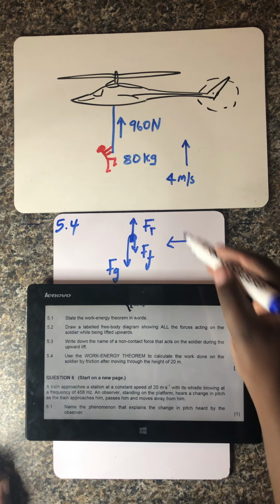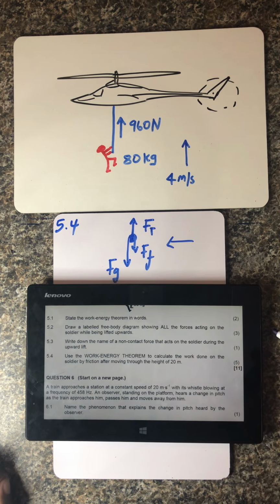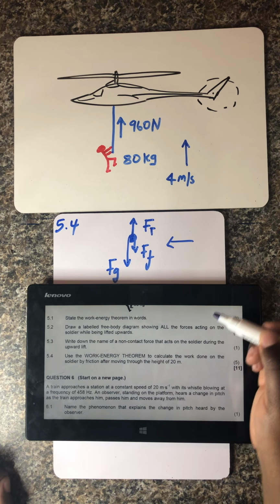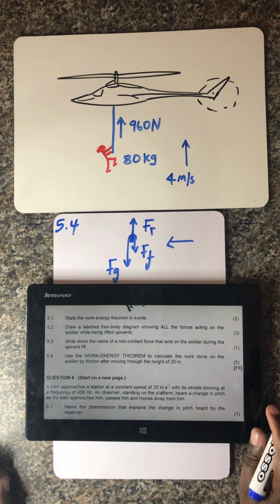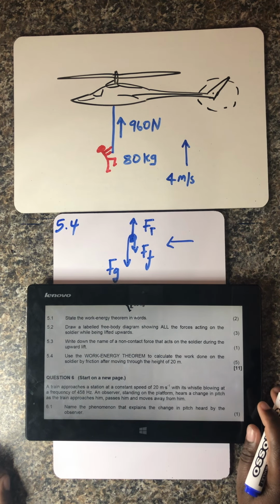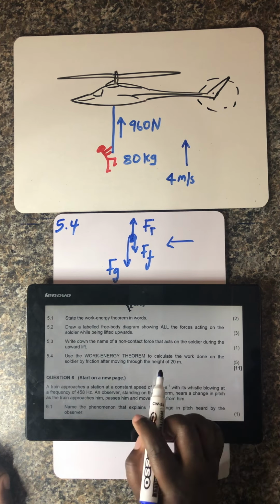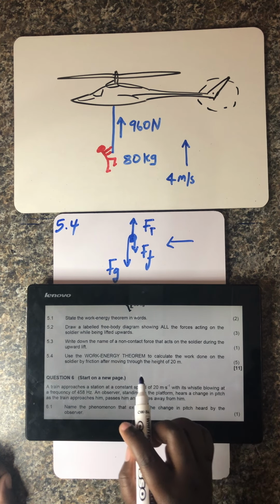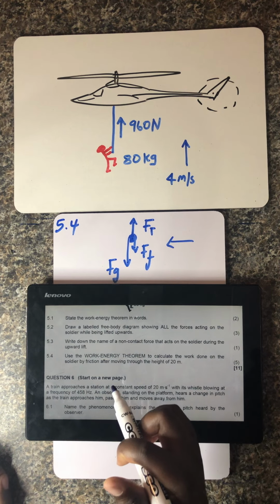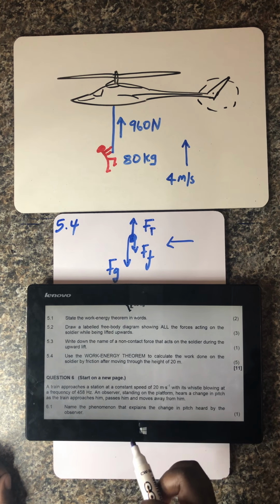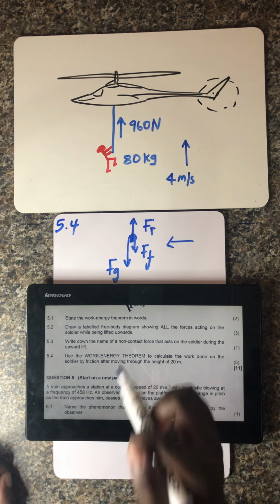So because of these different forces, ladies and gentlemen, they are doing some work on that soldier. Okay, so that means this question actually wants us to calculate the work as a result of the frictional force.